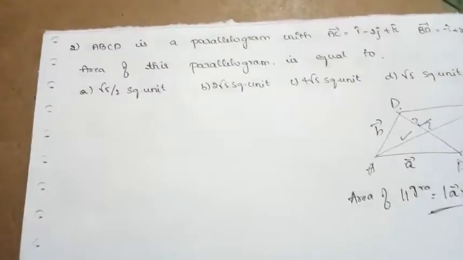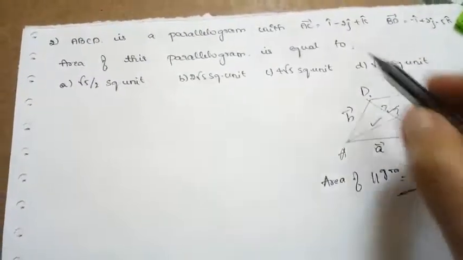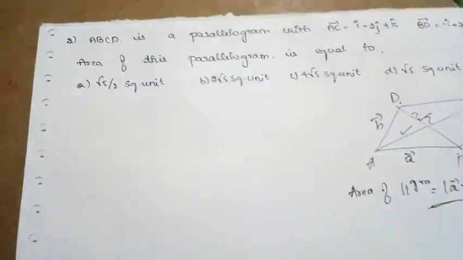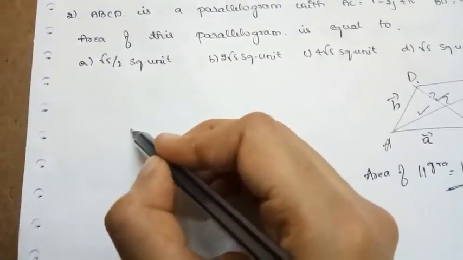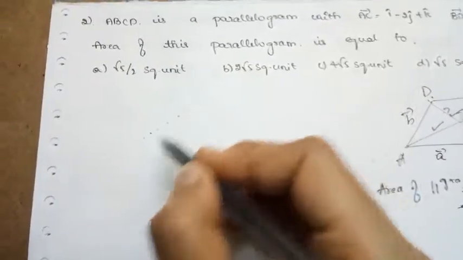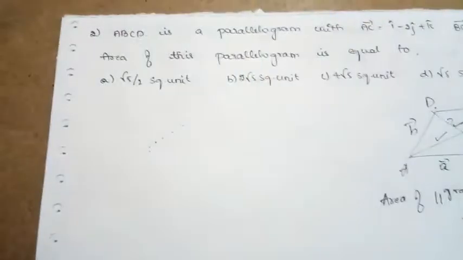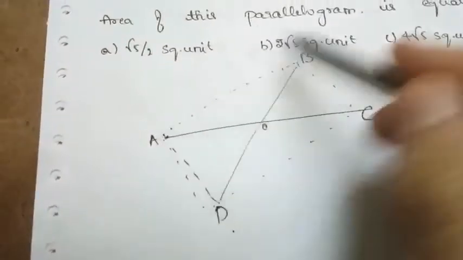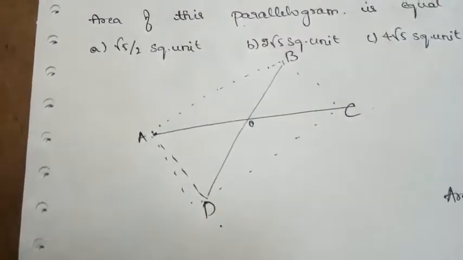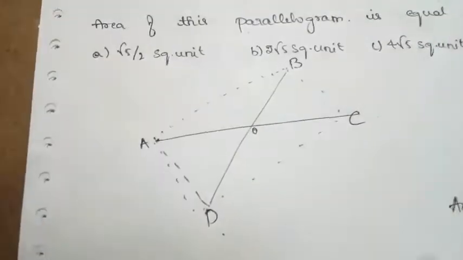So which formula do we use to find the area of the parallelogram when two diagonals are given? I will explain it first, then with that formula we can find the area. Suppose ABCD is a parallelogram and AC and BD are the two diagonals which are given.